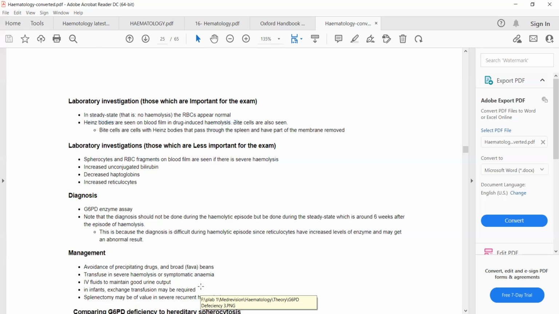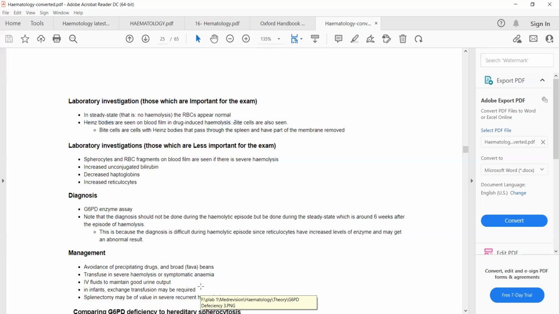So decreased haptoglobin is also a sign of hemolytic anemia on lab investigation. And the other lab finding is increased reticulocytosis. So these findings will be common to all causes of hemolytic anemias. That is increased unconjugated bilirubin, decreased haptoglobin, and increased reticulocytes.